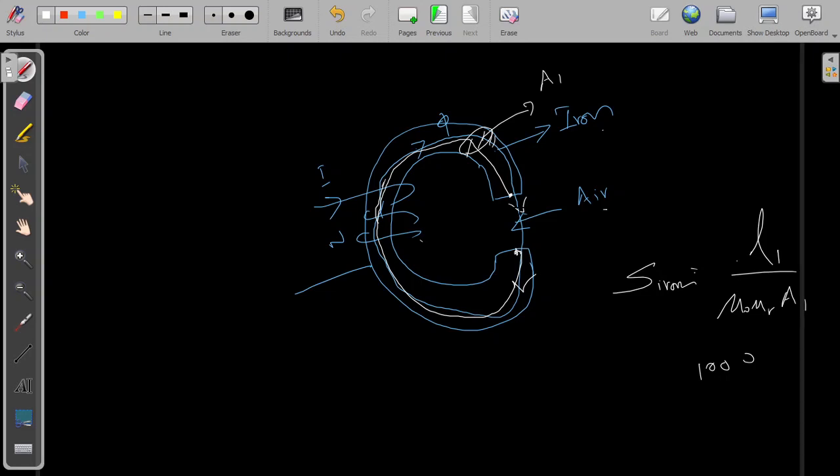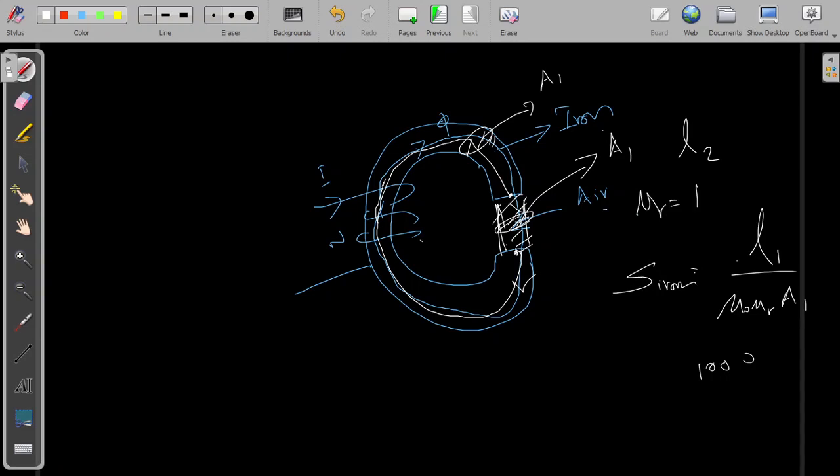At the same time, we have an air column like this. It has the same cross-sectional area as that of iron, that is A1, but the length is different, some L2. The length of that air column is L2, and mu r is equal to 1.